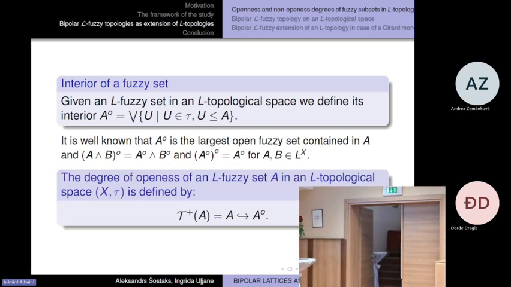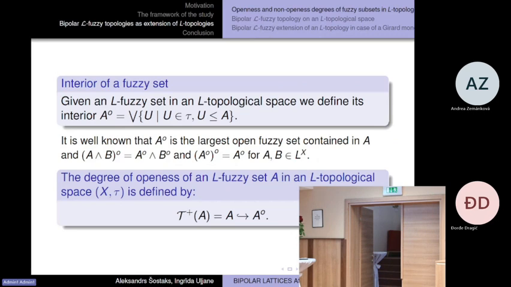In the topological case, if A is an interval, let's say, and it is not open, then the distance between it and its interior is already 1. Point 1 here and here doesn't belong.